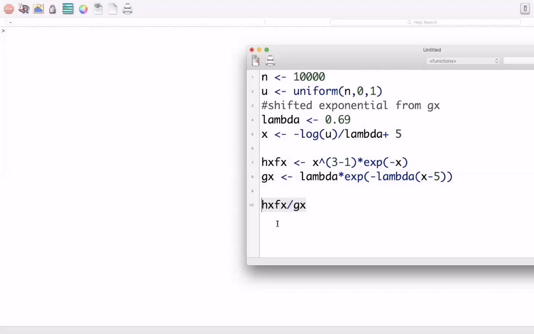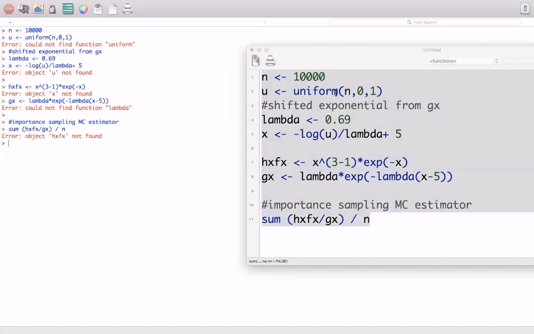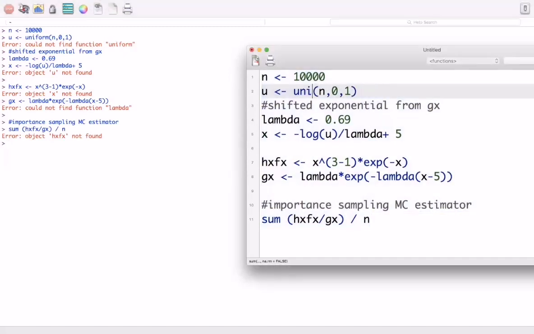So basically this is my importance sampling Monte Carlo estimator. So I sum this thing and I divide by n. I can use this to check. Oh, sorry, it's not uniform, it's r unit.